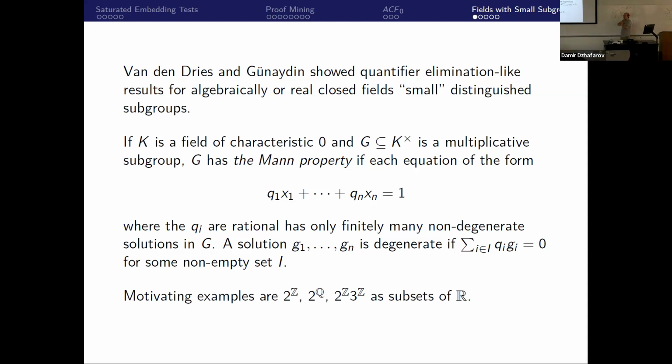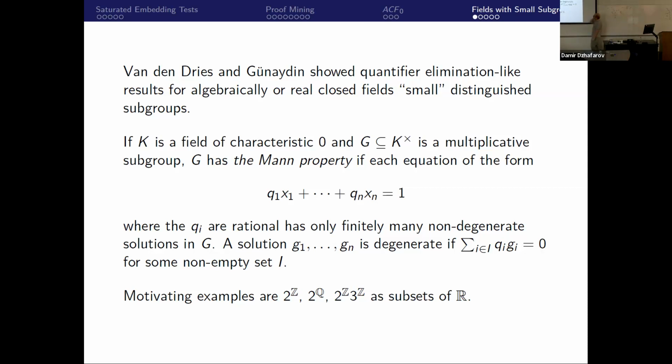They're multiplicative subgroups, and this property says they don't have many additive relationships. This is a way of saying they're small. If there were lots and lots of elements, you'd expect them to start satisfying linear equations. And this is saying actually they don't satisfy very many. So I want to say each linear equation has only finitely many solutions.